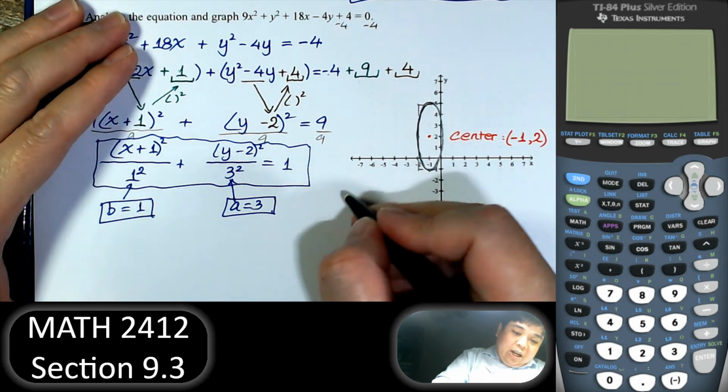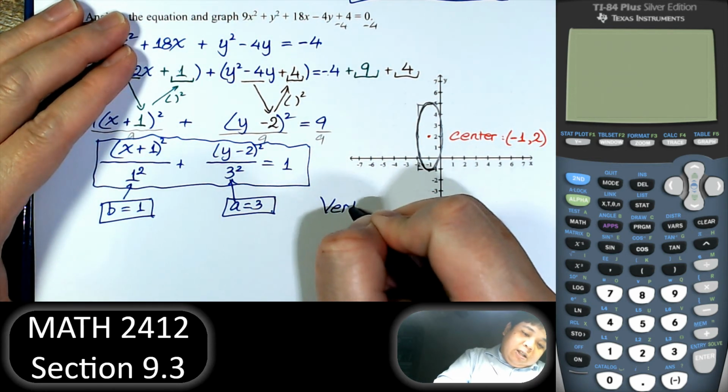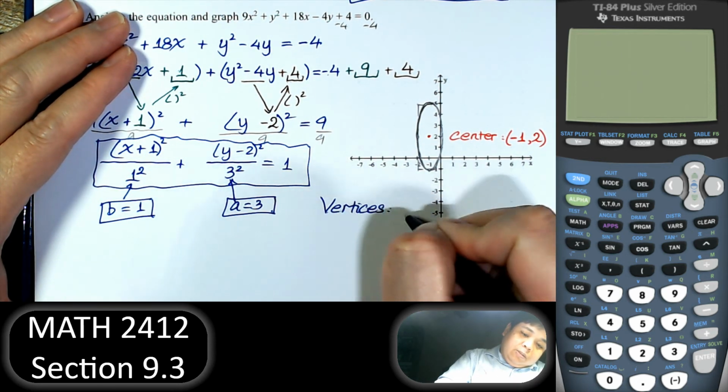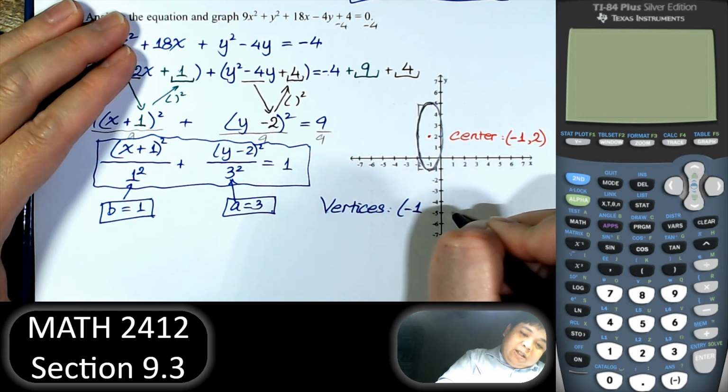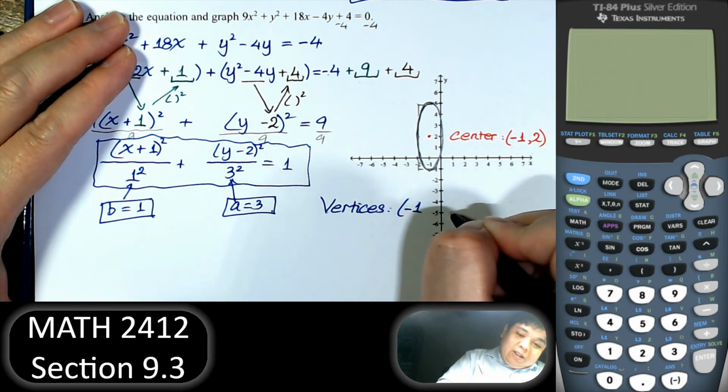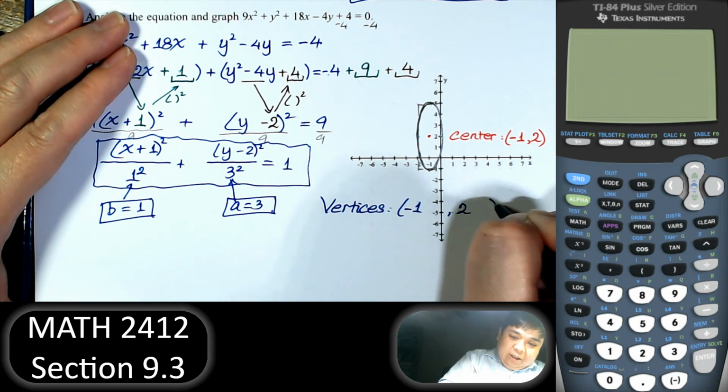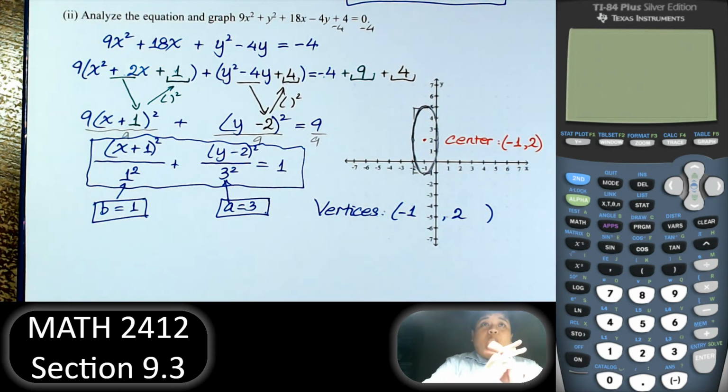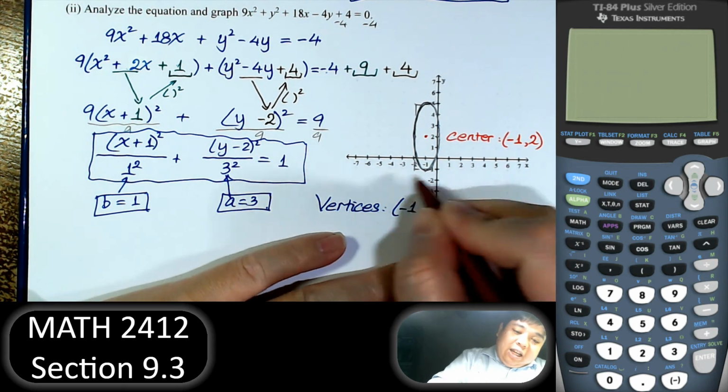So with that, we can find the vertices from the center. Notice that this is a vertical ellipse, so go up and down A units.